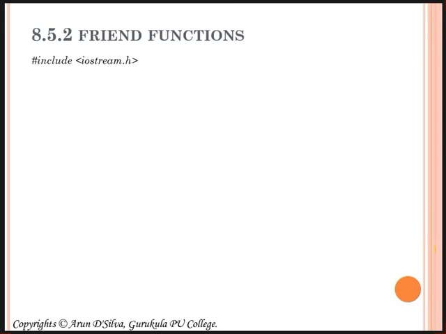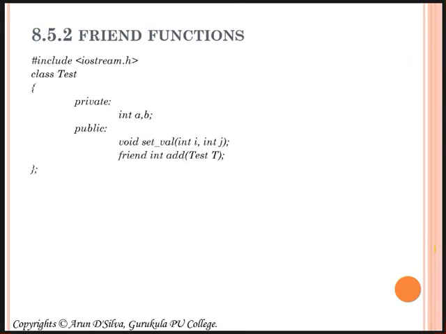Keeping in front of you a simple C++ program. Here I've created the class test, and I've used two variables, int a and b, of integer type in the private section, and I've used two functions. The first function is void setVal(int i, int j). This is a member function. The second function is not a member function.